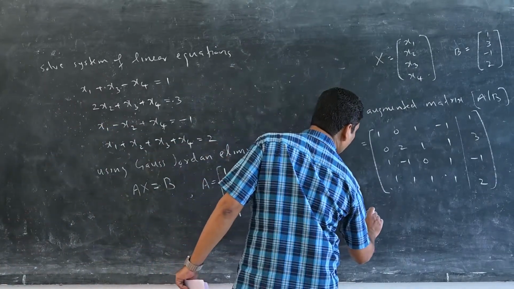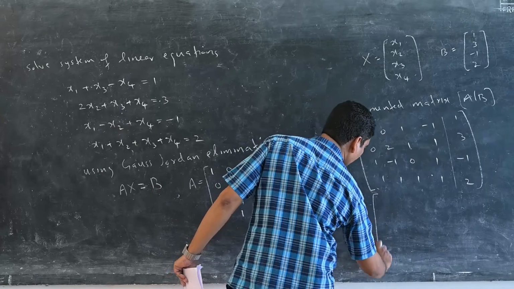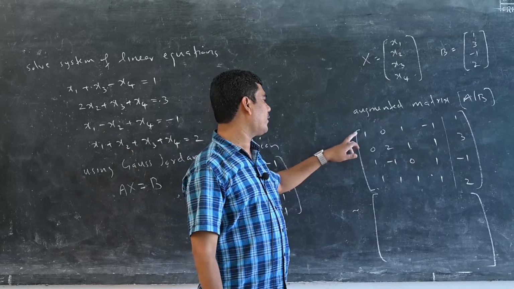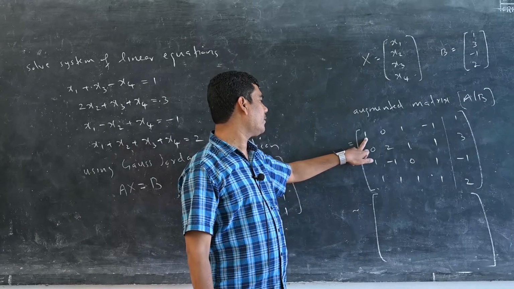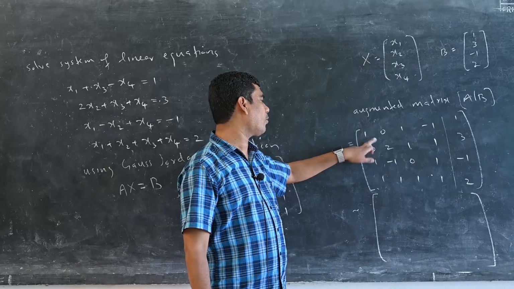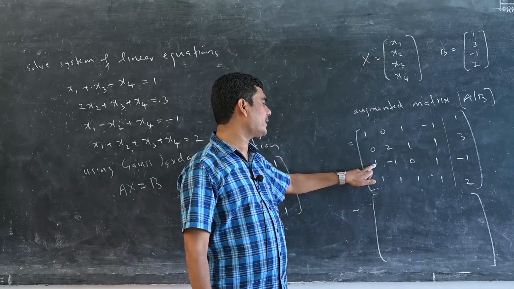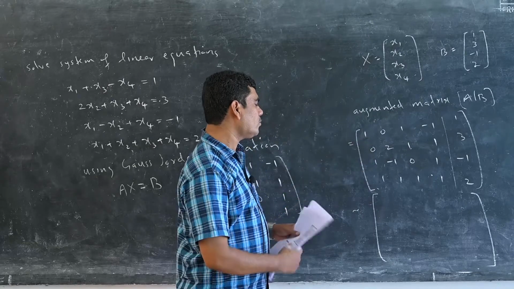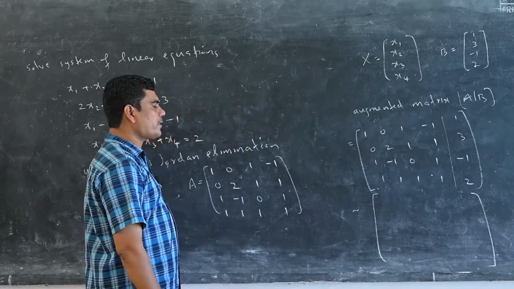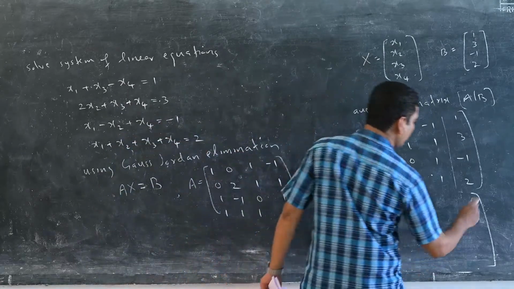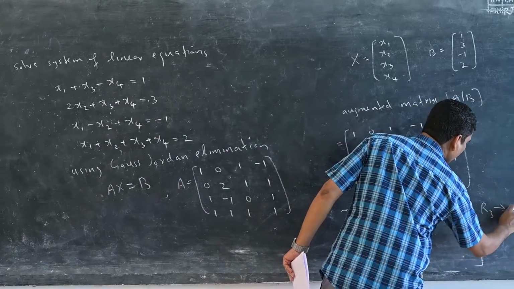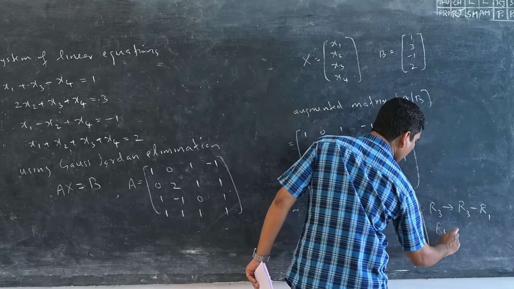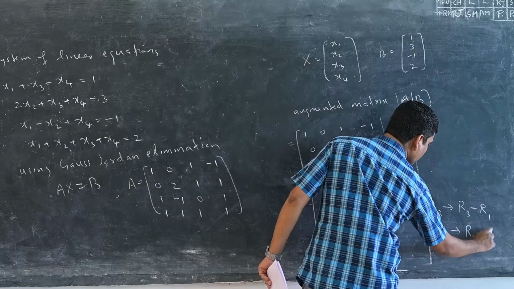First we make the first element 1. Here it is already 1. So make other elements in that column zeros, using the first row. The row operations are R3 goes into R3 minus R1, and R4 goes into R4 minus R1.